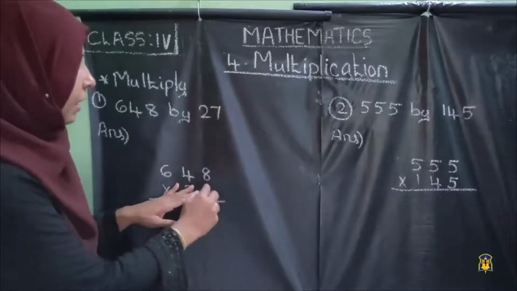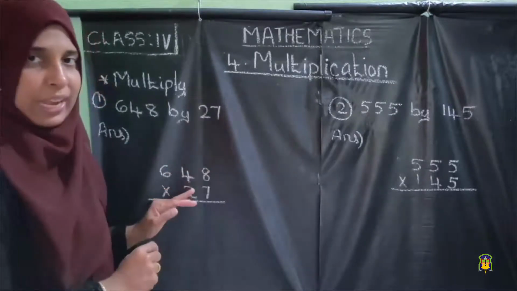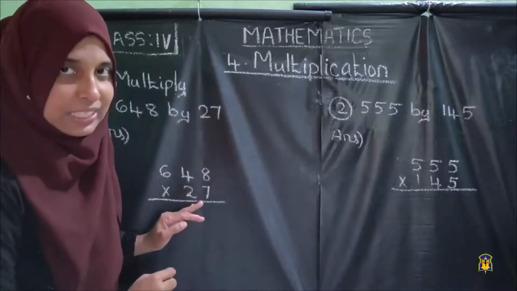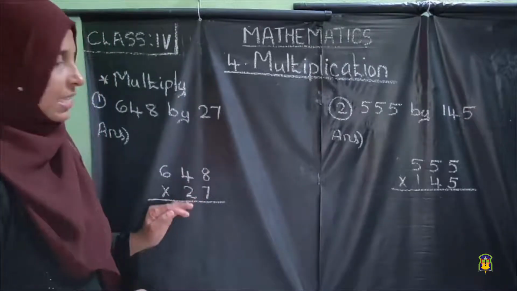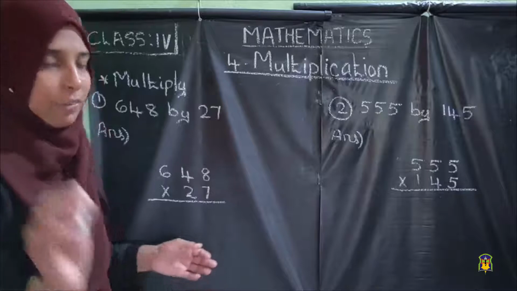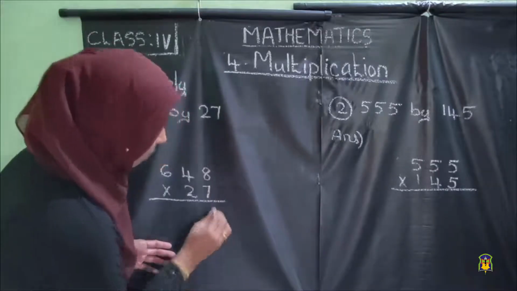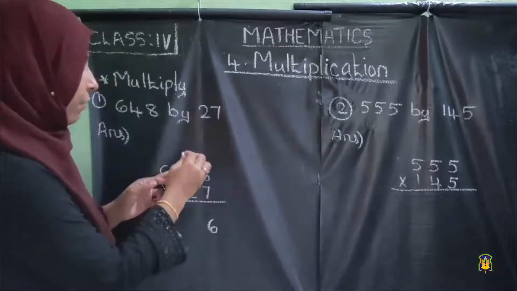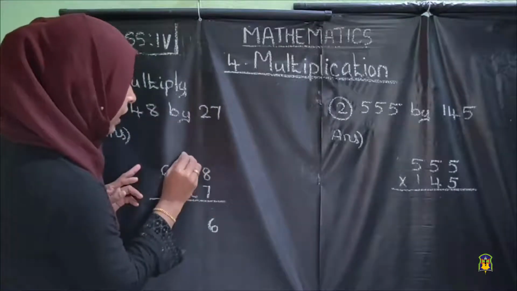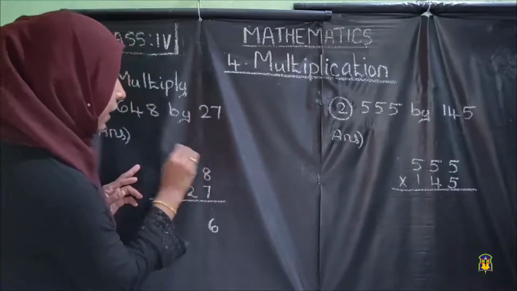Okay, so tell me, what is 7 into 8? 7 into 8 is 56. So in 56 we want to write 6 below the ones place and 5 as carryover above next place.